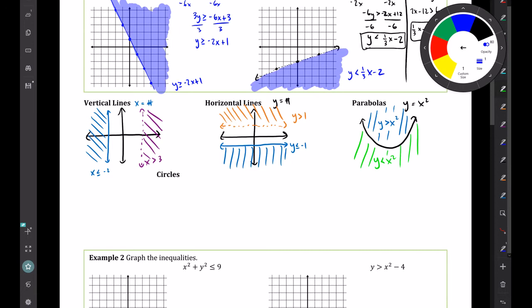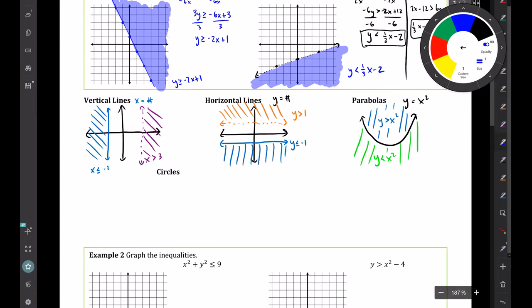Okay, now finally, if you have a circle, that's something like (x minus h) squared plus (y minus k) squared equals r squared. Well, if you want to do less than, then that's going to be inside.